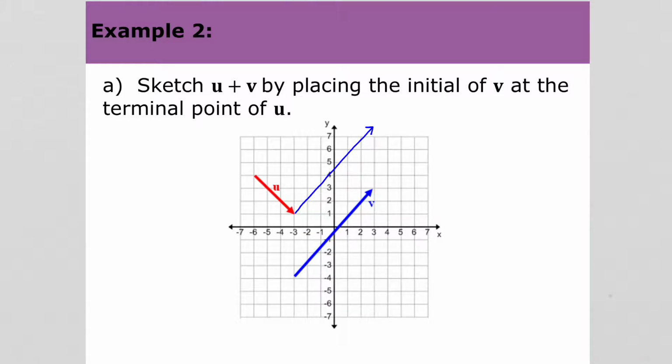Basically, you could count up 1, 2, 3, 4, 5, 6, 7 over 1, 2, 3, 4, 5, 6, and that would do it. Connect your endpoints there. So there is v, and so u plus v would be starting at the beginning of u and ending at the end of v. This is u plus v.